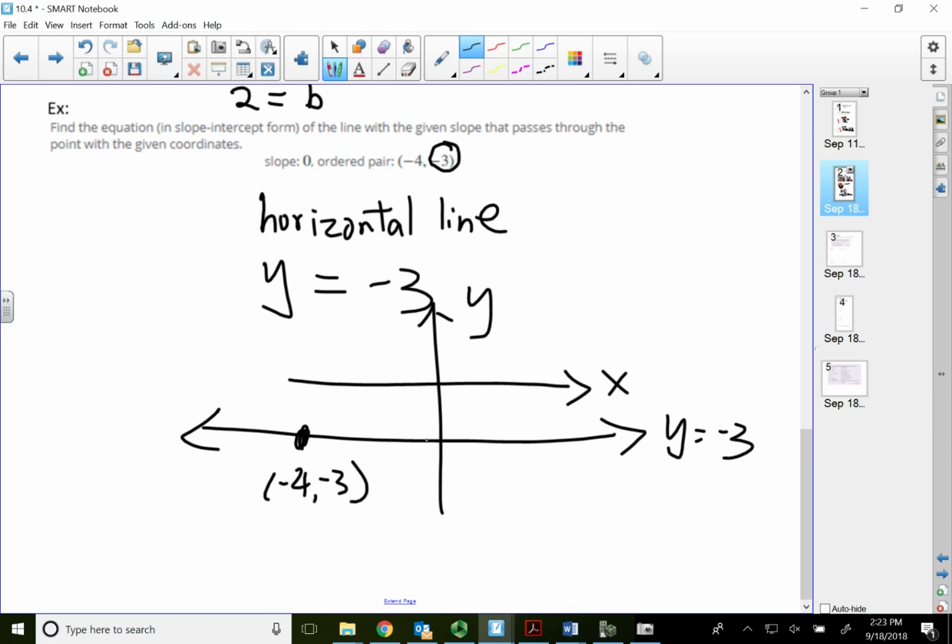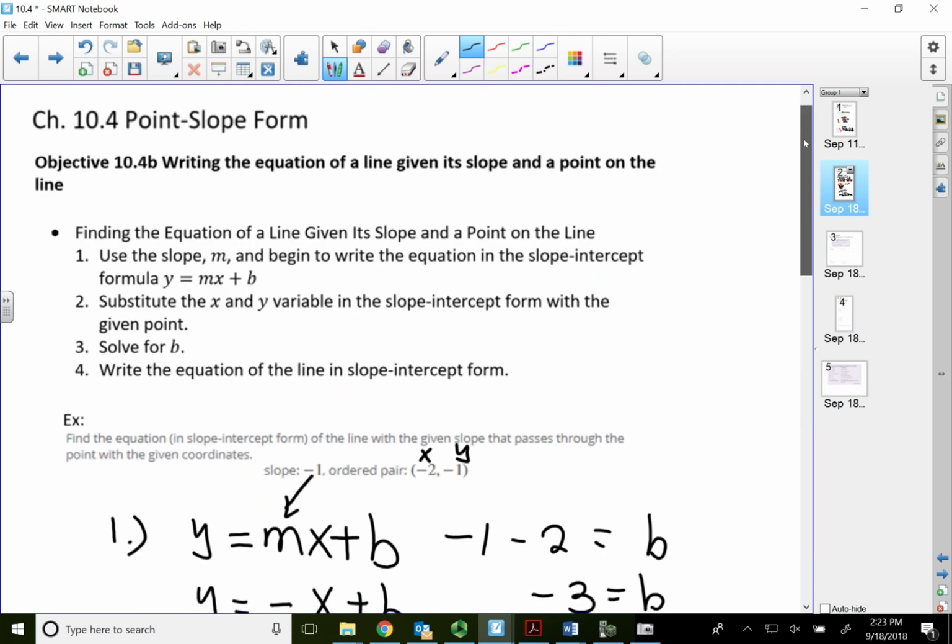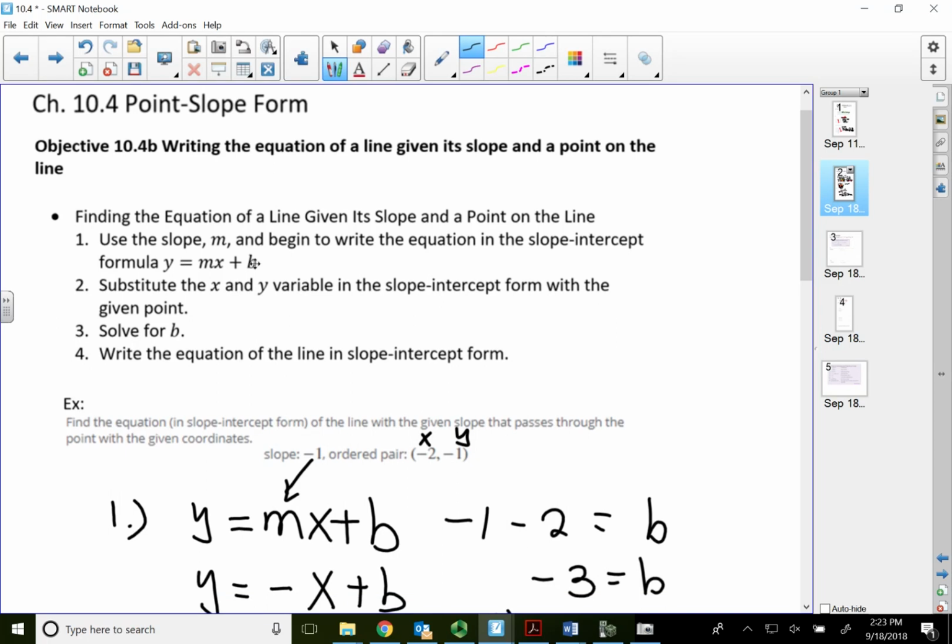Every single y value on the horizontal line has to be -3, so my equation of the line is simply y equals -3, the y value.